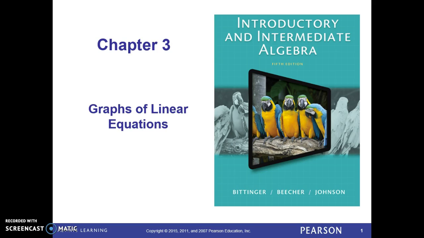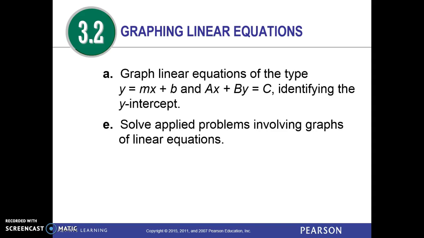The first thing they tell you about in section 2 of this chapter is what a linear equation could look like. They talk about a couple of different forms. You're going to see it in slope-intercept form, which is y equals mx plus b, and in standard form, which is ax plus by equals c.